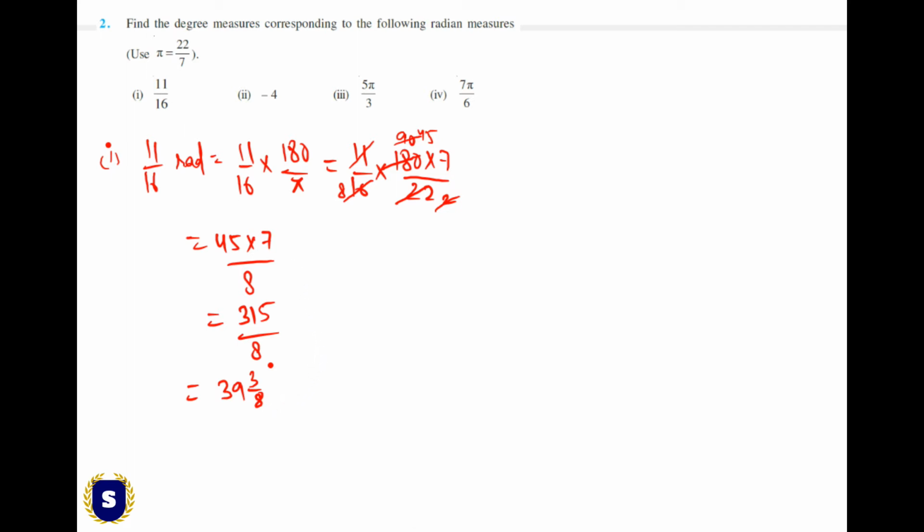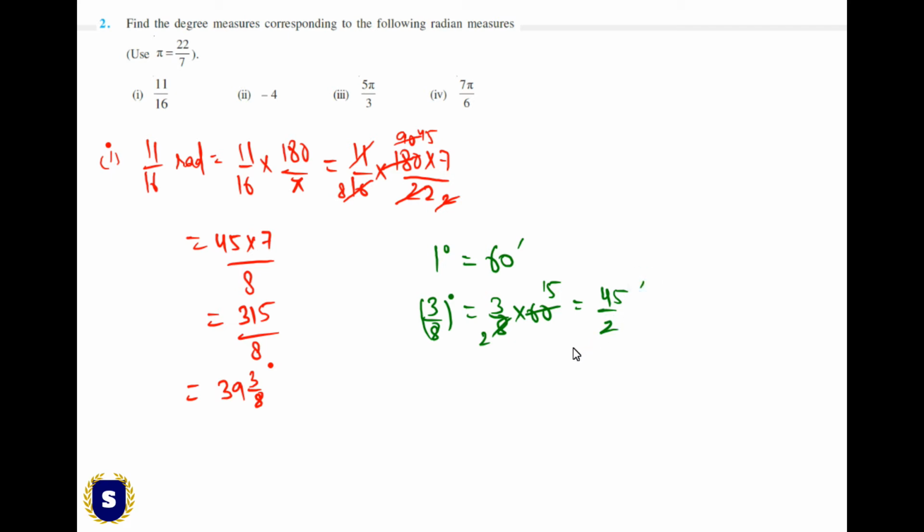Let's see how. We know that 1 degree is equal to 60 minutes. So if we want to convert 3 by 8 degree into minutes, we will multiply this value by 60. Cutting it by 4, 5, 15 into, that is 45 by 2 minutes.